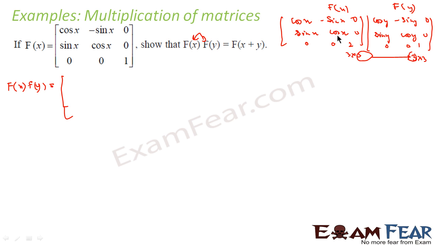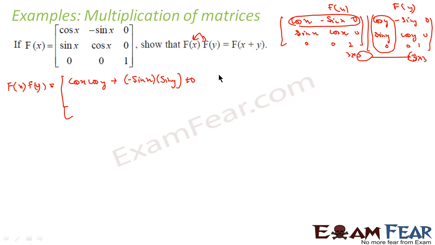3 into 3. So the first will be, you take first row and first column, you multiply this and get the answer. So this guy will become cos x cos y plus minus sin x sin y, correct, plus 0 into 0 plus 0. First element done. Second element is first row, second column.